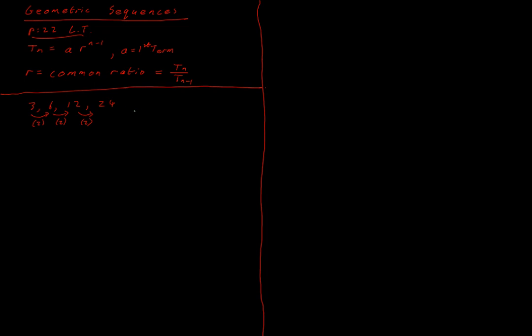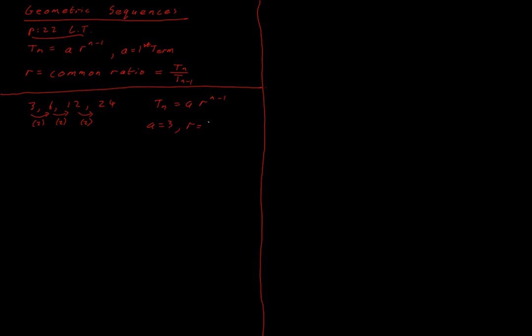The other way we could find that, so if we were asked for the nth term of this pattern, if I was asked for Tn for this pattern, I'd write down my formula and I'd be looking for a. a still means the same thing as a always did. The first term is 3. And r I can get from my list by figuring it out, or if I can recognize I have a geometric pattern, I can also use the fact that I could divide any of my two terms.